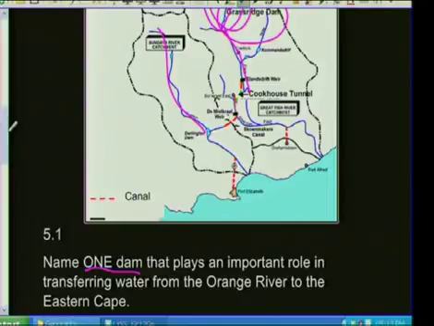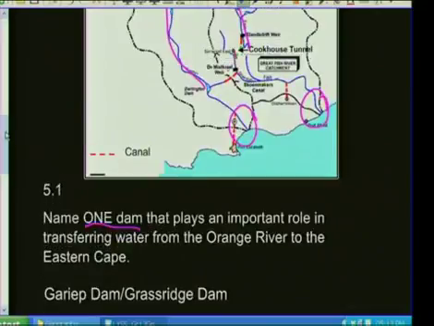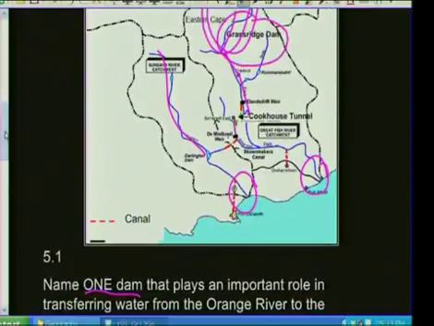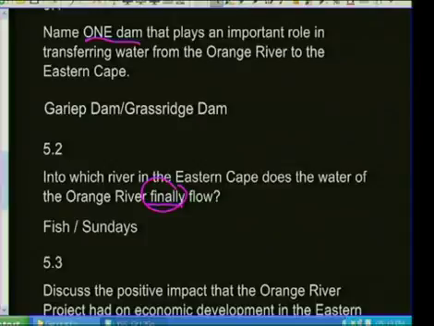I look at the Fish River, it's going in. So that's the final flow because it goes into the ocean. Now this can be thought-provoking because we may forget the words finally flow. So it must be the last flow which enters the ocean. So there we have it again. Your Sundays, your Fish. Those are your answers already set for you there. Sundays and Fish. Can you see it?